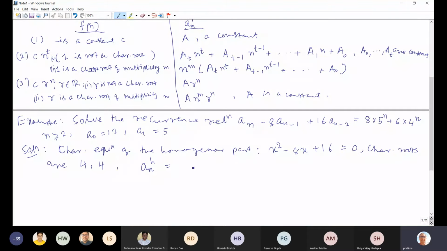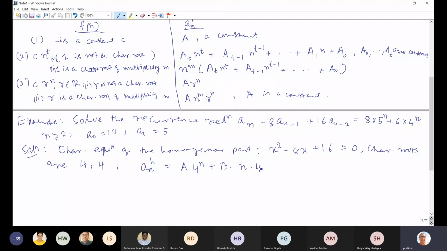What will be the general solution for the homogeneous part? The general solution will be some constant A times 4 to the power n plus another constant B times n times 4 to the power n.